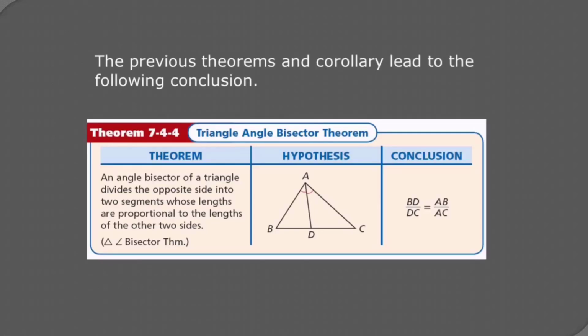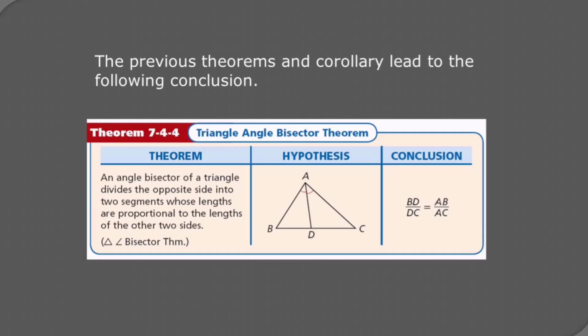Let's take the last one, the triangle angle bisector theorem, which says an angle bisector of a triangle divides the opposite side into two segments whose lengths are proportional to the lengths of the other two sides.